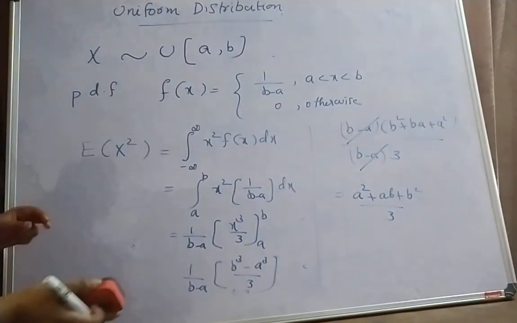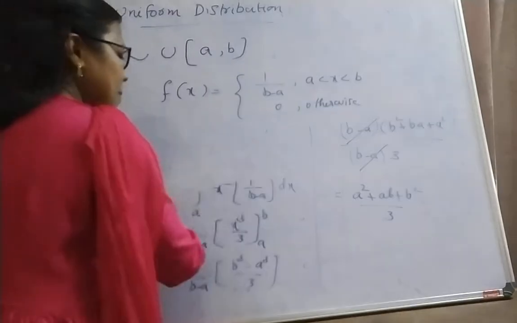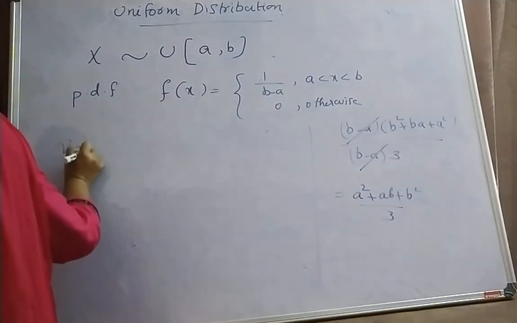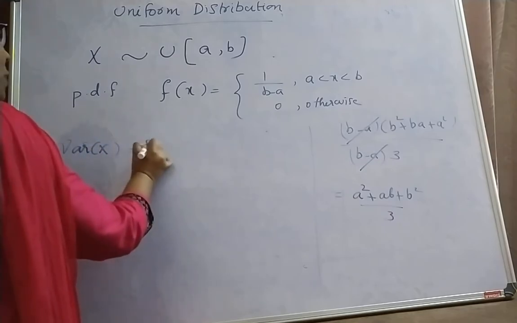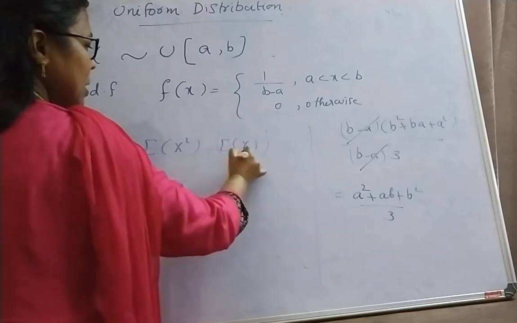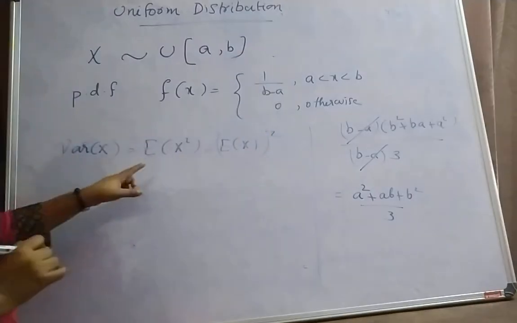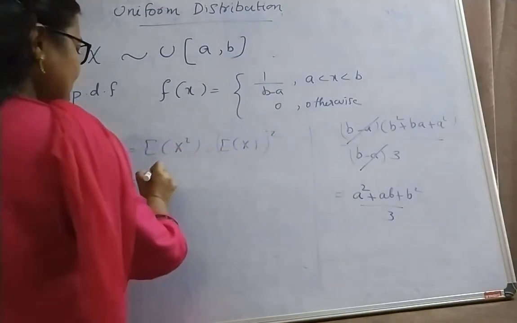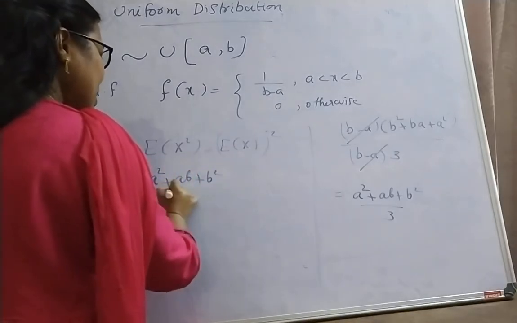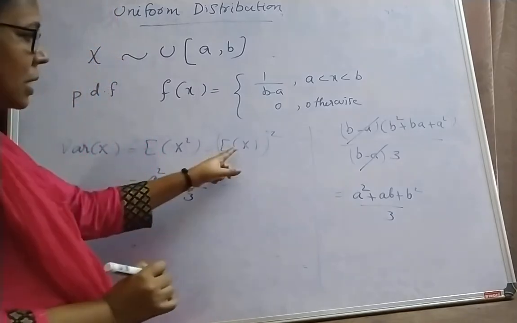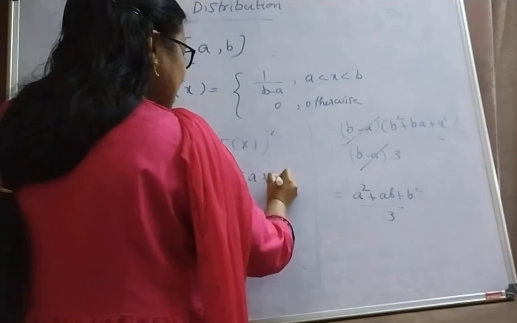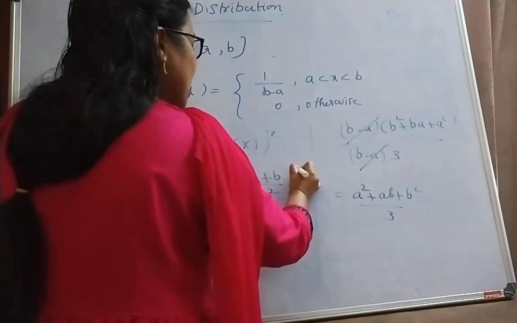Now we have to find the variance. Variance of x is expectation of x square minus E of x the whole square. Our expectation of x square is a square plus ab plus b square by 3, minus expectation of x the whole square, which is a plus b by 2 the whole square.